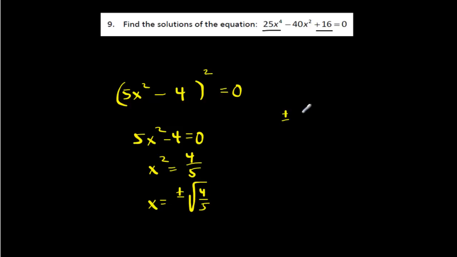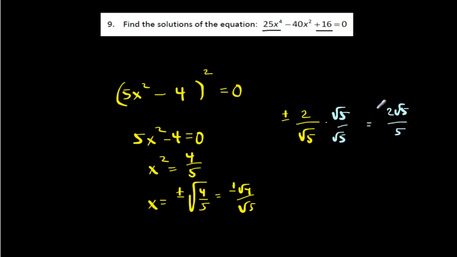If you break that up, you're going to get positive negative 2 over the square root of 5, because if you split this up, it's root 4 over root 5, and the root 4 is 2. You have to rationalize this, so you have to multiply the top and bottom by root 5. So we're going to have 2 root 5 over 5, positive or negative.